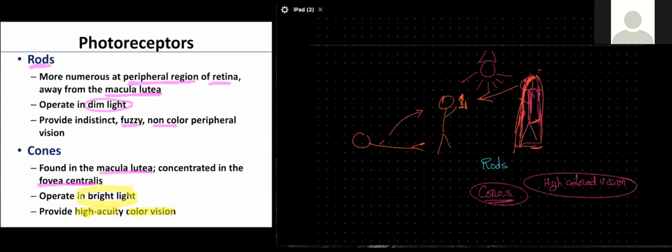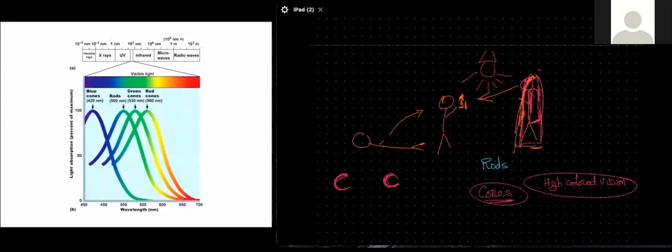All right, so remember, cones are the ones which are going to be detecting colors. Why are cones detecting colors? Simply because we don't have a single type of cones. We have three different types of cones which are detecting three different wavelengths of light.